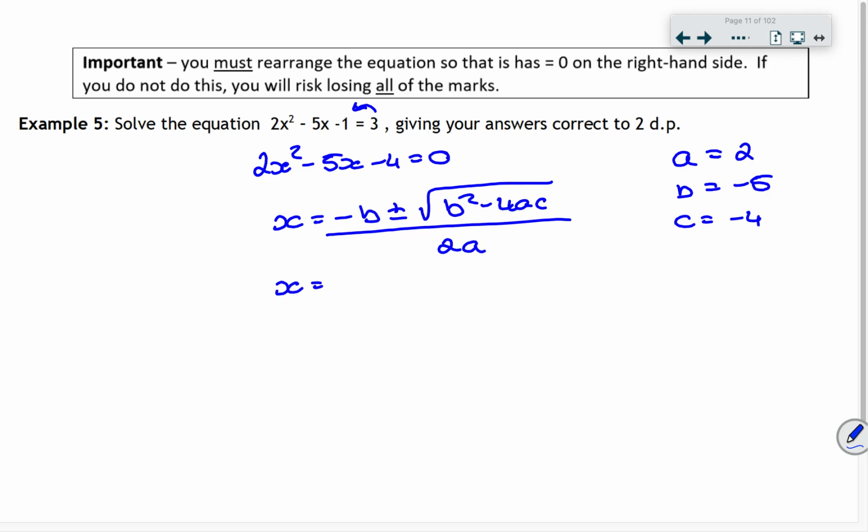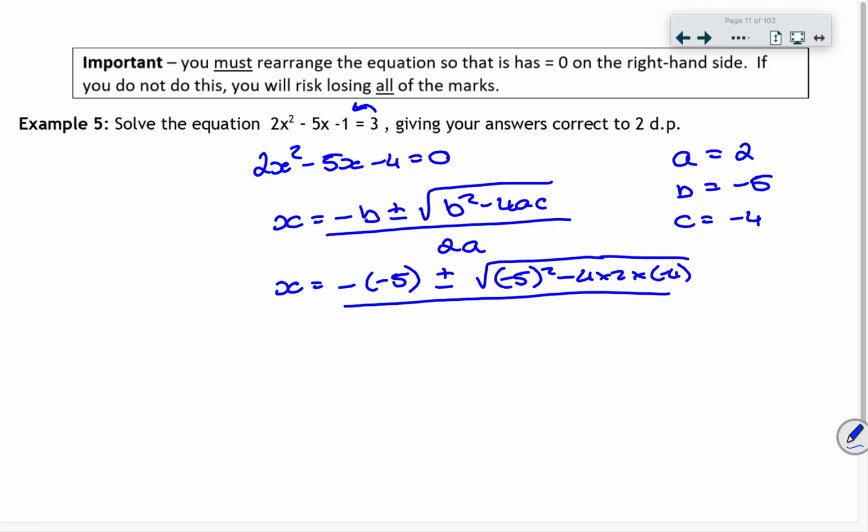So that's going to be minus 5 plus or minus the square root of minus 5 squared minus 4 times 2 times minus 4, all over 2 times 2.